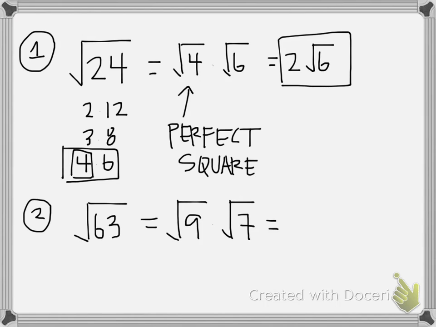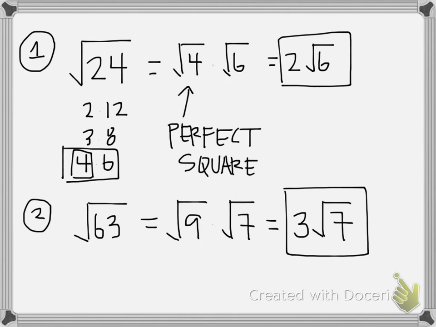So, square root of a 9 is a perfect square, so that's 3 times the square root of 7. All right, y'all do this one for me.